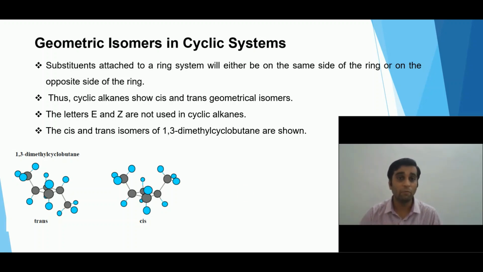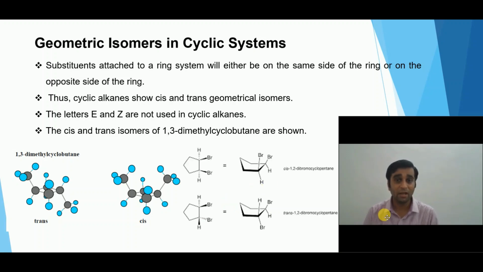Let us have one more example. Here cis-1,2-dibromocyclopentane I have mentioned. So cyclic aliphatic system, if you see in the diagram, both the bromines are in an upward direction, the isomer is said to be cis, and if one bromine is upward, another bromine is in a downward direction, the isomer is definitely called a trans isomer.